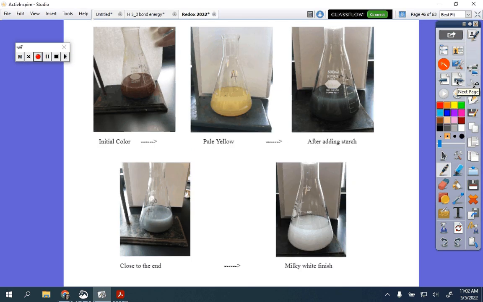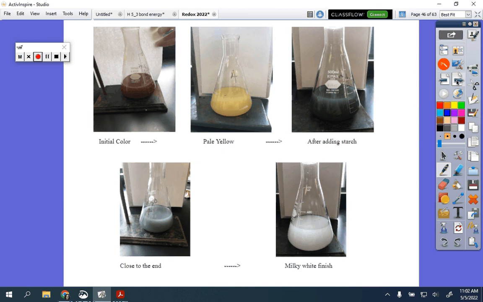This is an example of what that looks like from Max's IA last year. So he was doing a redox titration and started out with this red indicator, titrated until it turned sort of a pale yellow, and then added starch. Starch turns blue in the context of iodine.